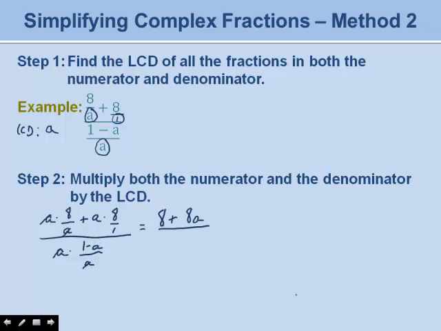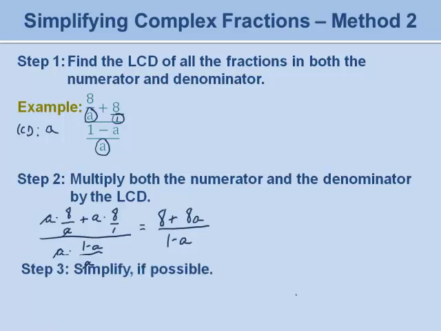And notice that our denominators here are both gone. Then in the denominator of our complex fraction, all we have left is 1 minus a. So in this method, multiplying through by the LCD eliminates your smaller rational expressions that are inside of the complex fraction. The last step, as always, is to simplify if possible.